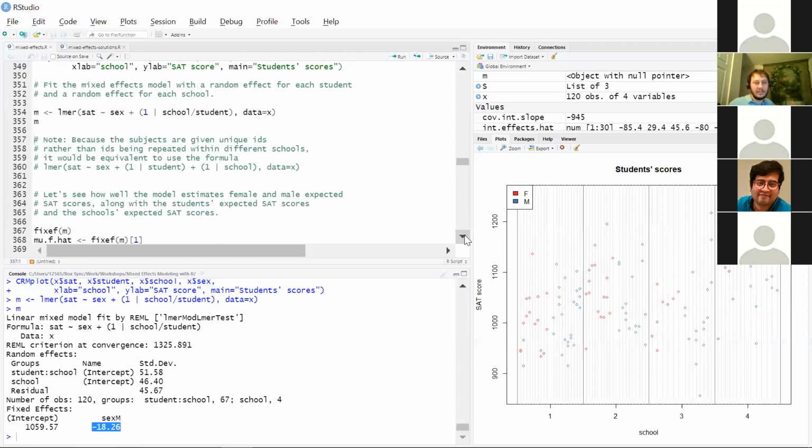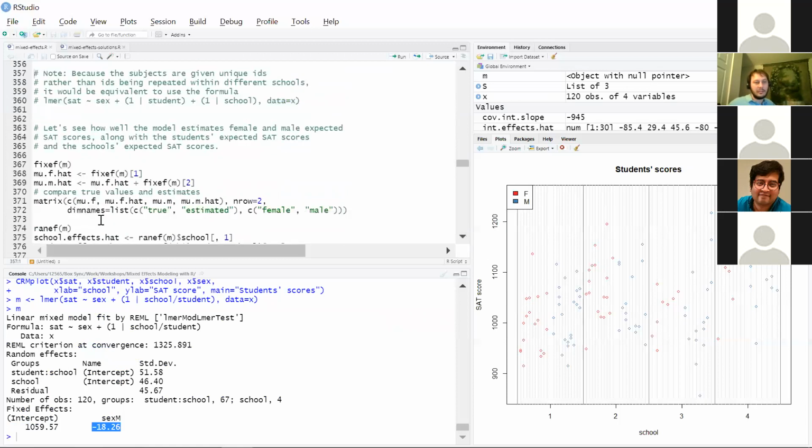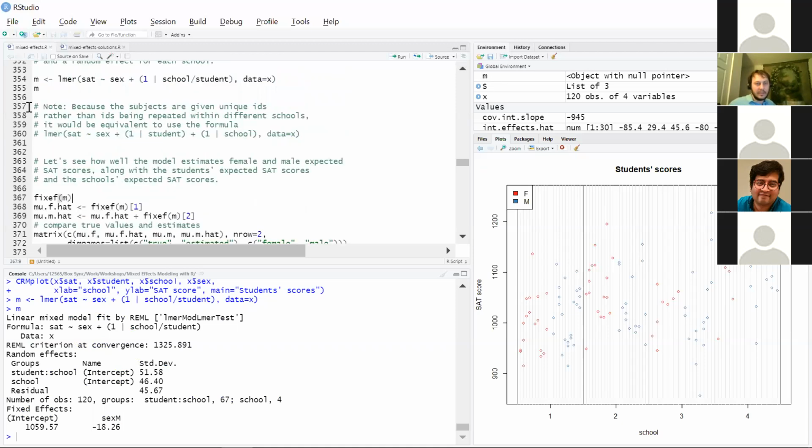These are the fixed effects. These are usually the things you care most about. And you can get them from summary, or from the fixed effects of M. And I guess the reason I also included M by itself here was just to see students within school and school, which are the random terms that you're getting.